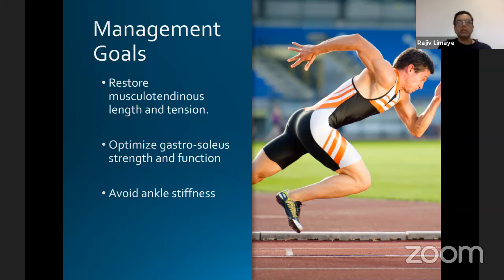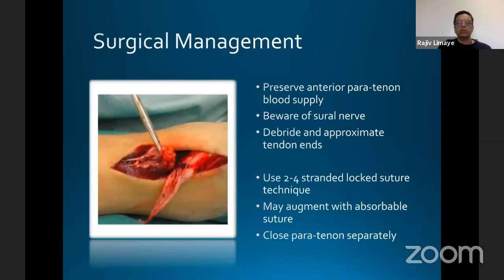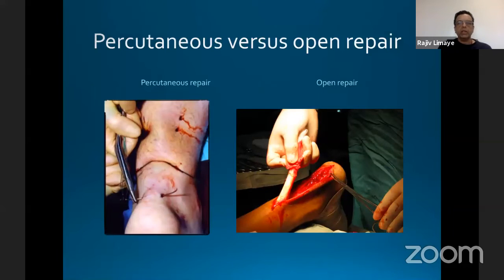Hence, in my practice, I always personalize these cases and treat them accordingly. So keep an option of surgical treatment still open. You can do it with either a mini incision or a big incision like this. Percutaneously you could do it, or you could do an open repair, or maybe augment it with the FHL tendon or any other tendon required.